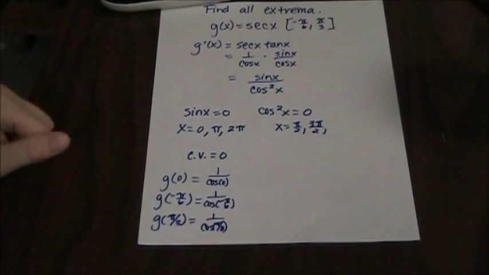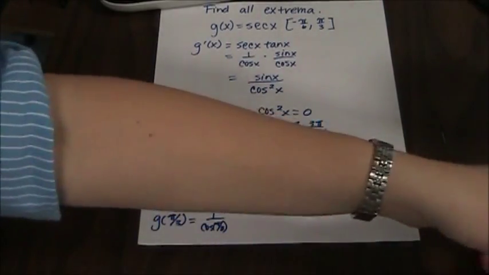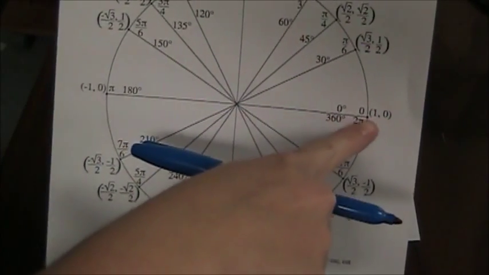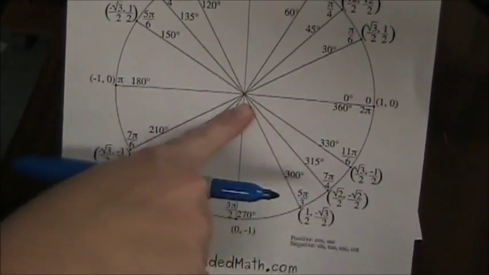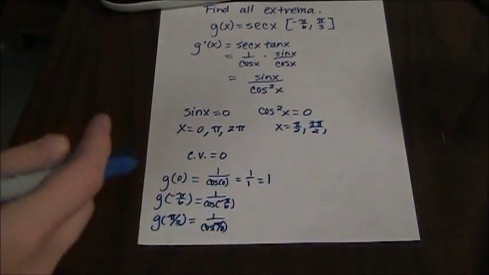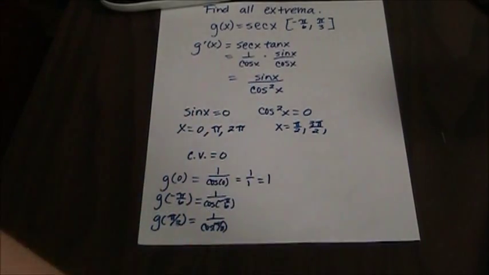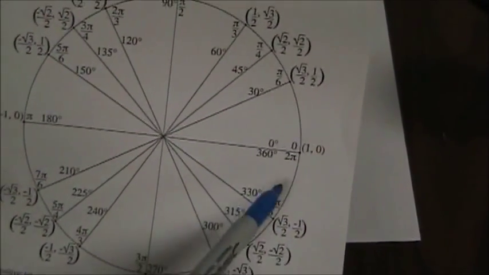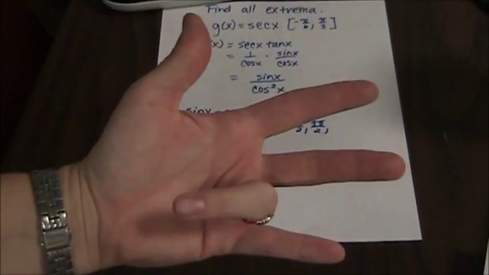So cosine of 0 would be the value equal to 1. So that's just 1 over 1, which equals 1. Cosine of negative pi over 6. Well, negative pi over 6 is going this direction around the unit circle, so it corresponds here. The other way to think of it is pi over 6 with your hand is this finger.